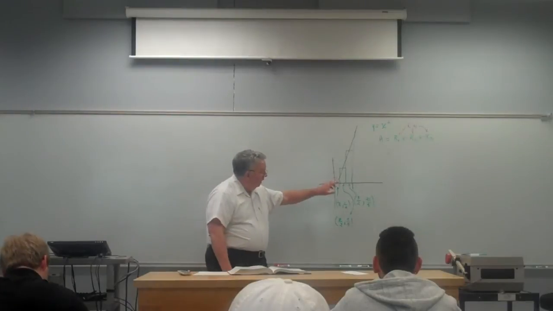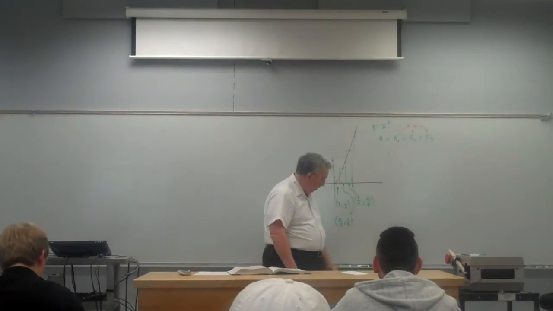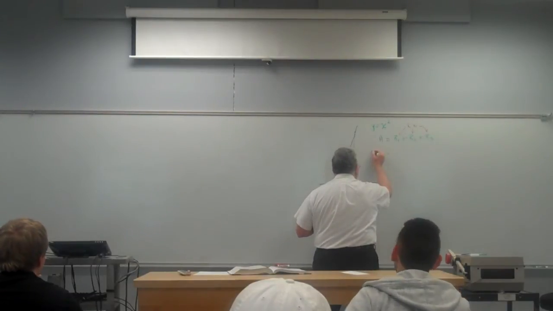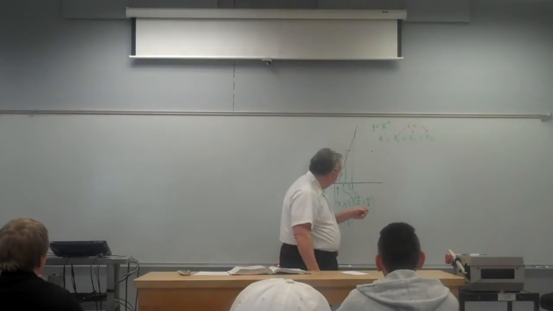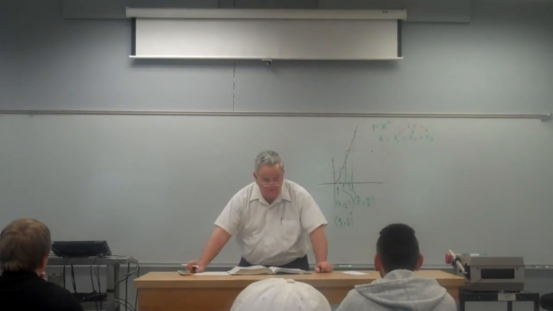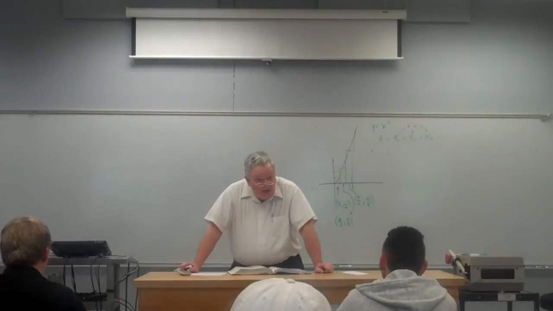For any point in the plane, but in particular in quadrant 1, how high is that point off of the x-axis? Whatever the y value of that point is, isn't that how high it is off of the x-axis?